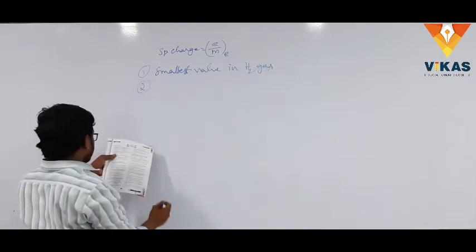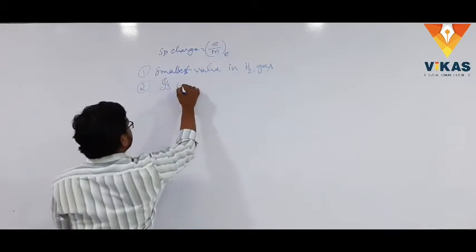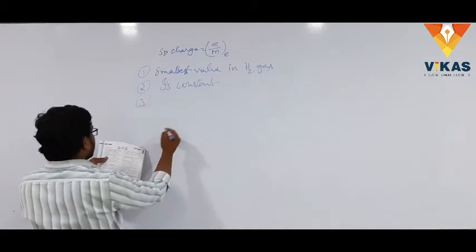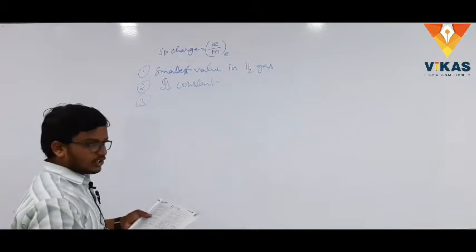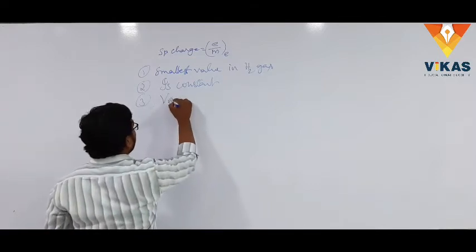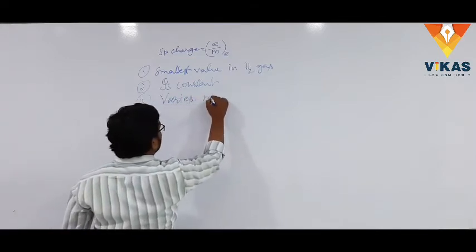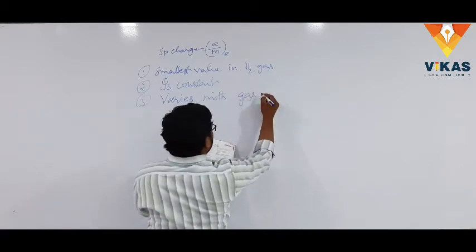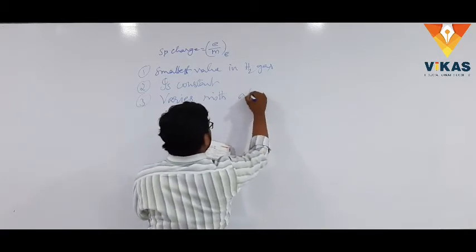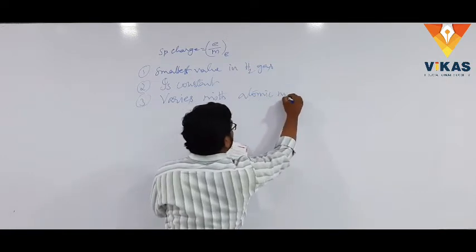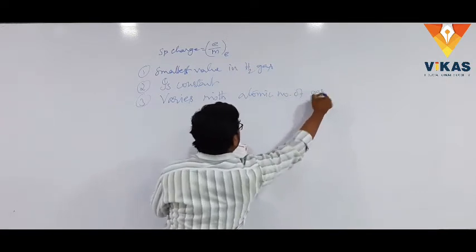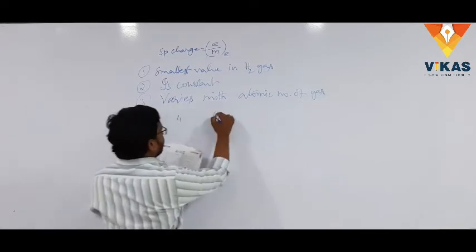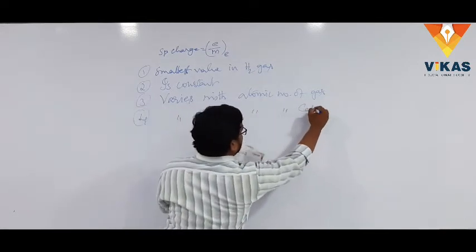The other option is constant. The other option is varies with atomic number of gas in the discharge tube, which means varies with gas. Yeah, you can say atomic number of gas. Another is varies with atomic number of cathode.